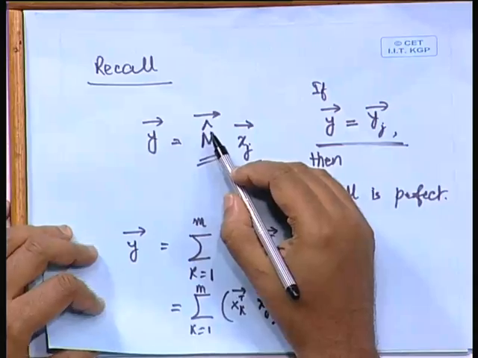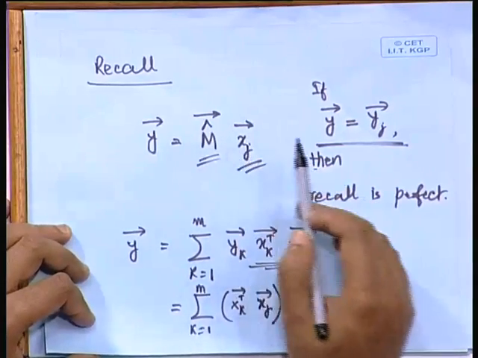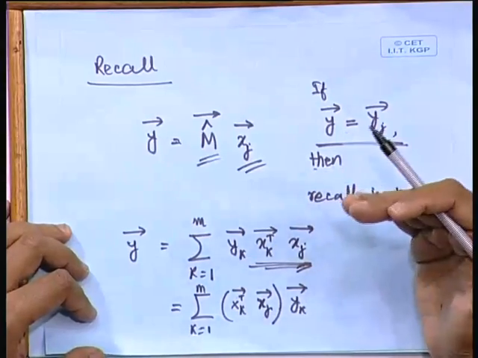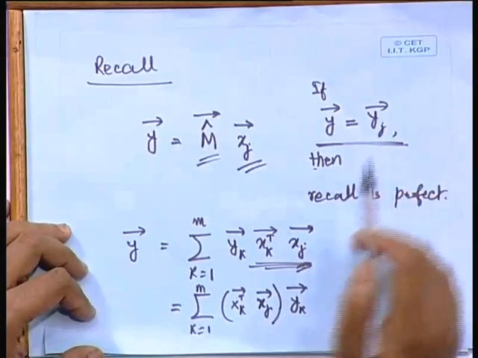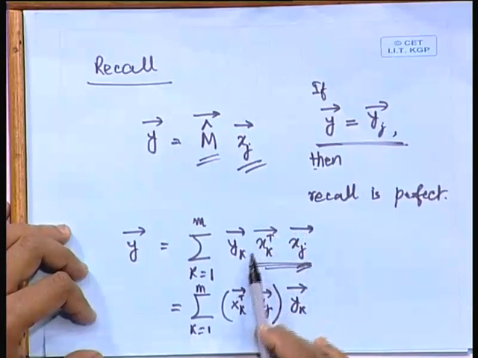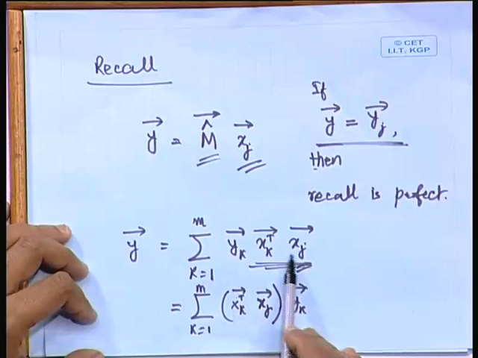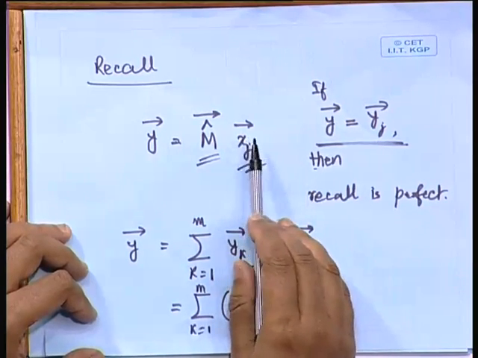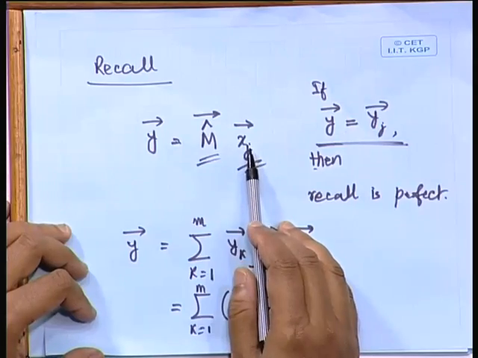an estimated memory matrix M cap, okay, which was in fact realized out of the correlation in the way that we had considered that M matrix to be the outer product of Yk and Xk transpose. And then what we did was that we had fed pattern Xj.